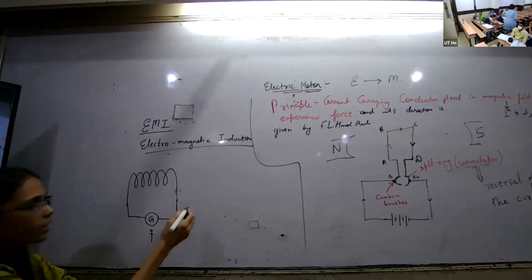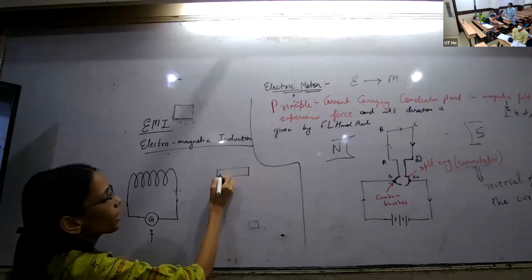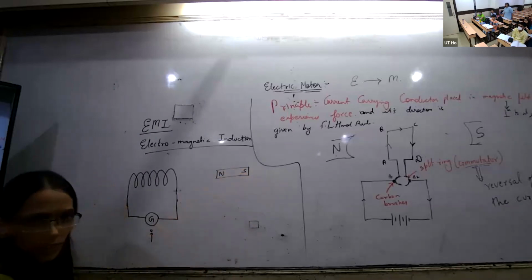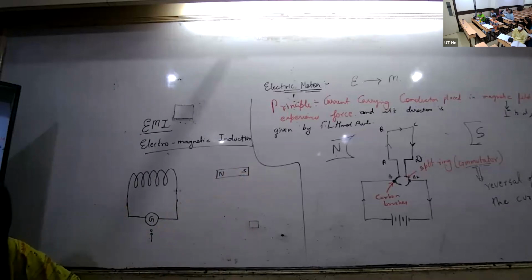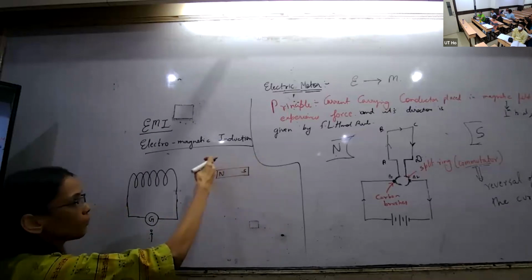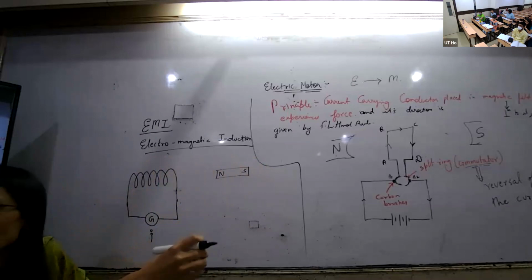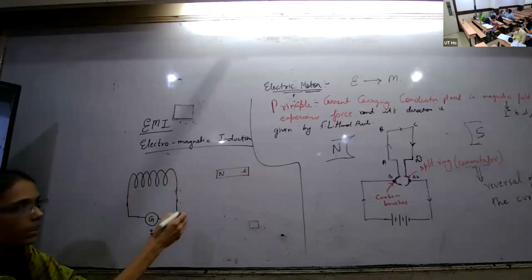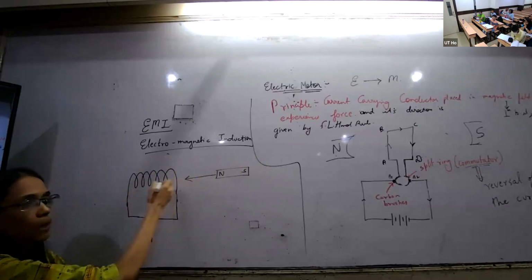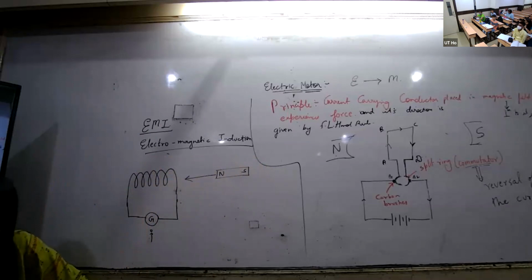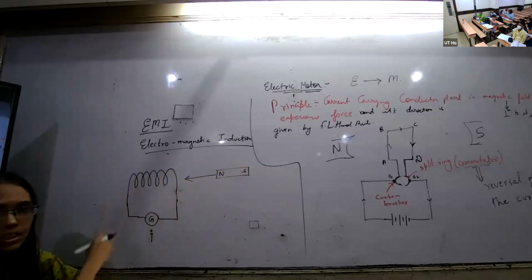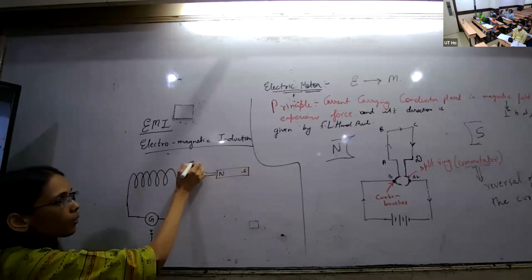Now what happens is, if you bring a magnet and you move this magnet either towards it or move away from it. So जैसे जैसे आप करीब जाओगे, you move this magnet in this direction. What will happen as you're moving in this direction?